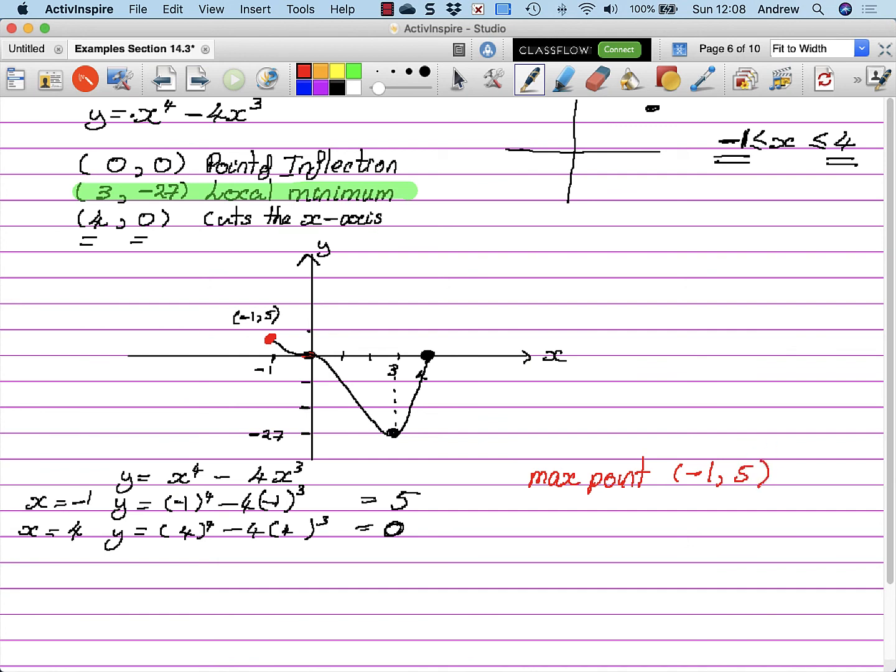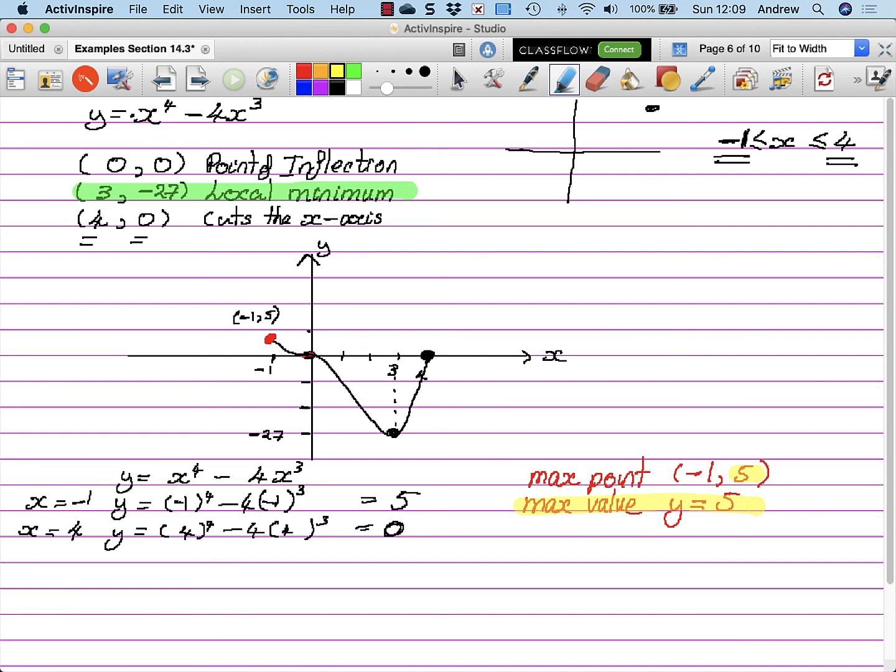But it didn't ask you for the maximum point, it asked you for the maximum value. And the maximum value is always a y equals value, and the maximum value is y is equal to 5. And now we've finished off that problem.